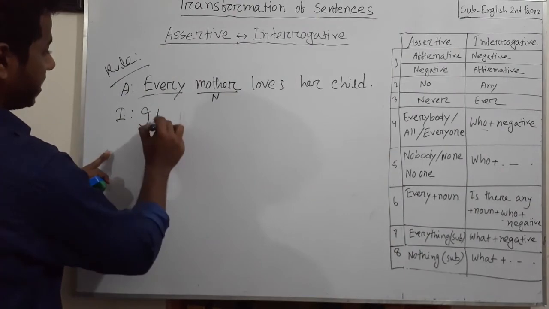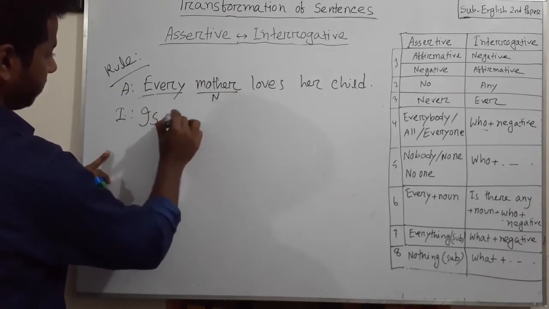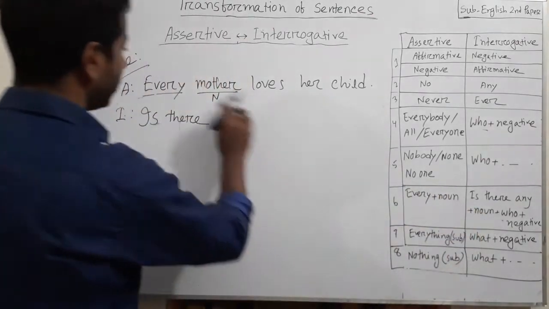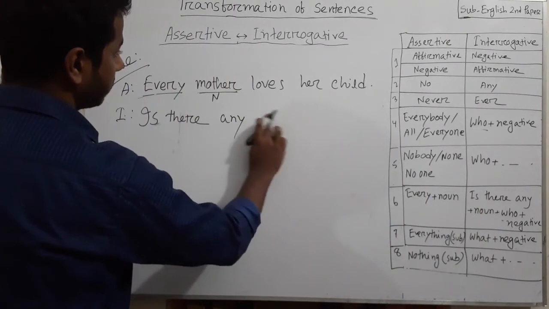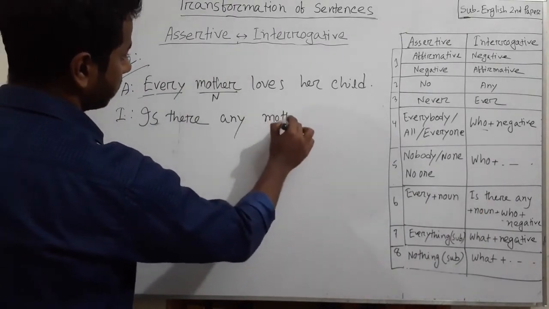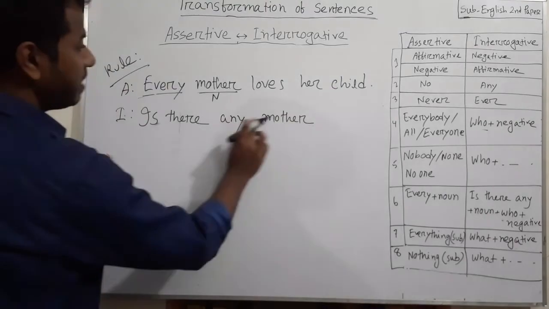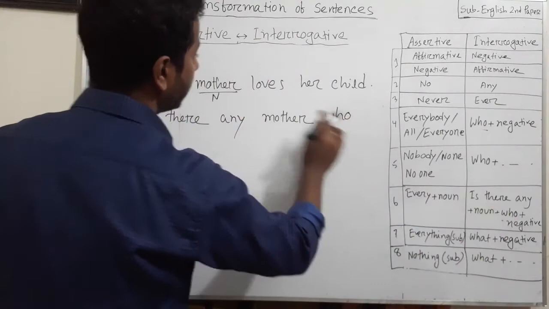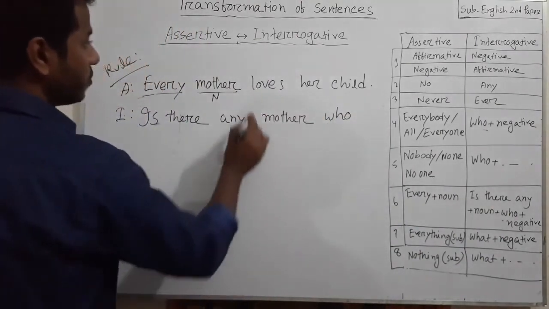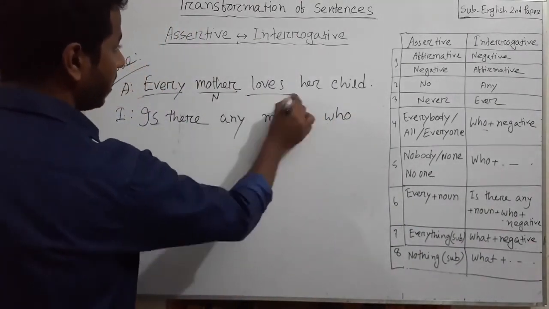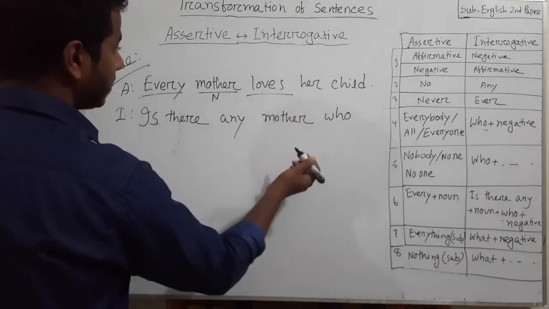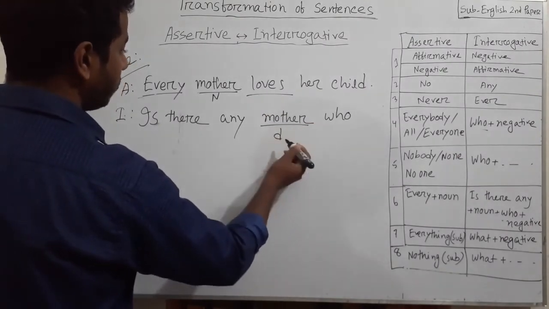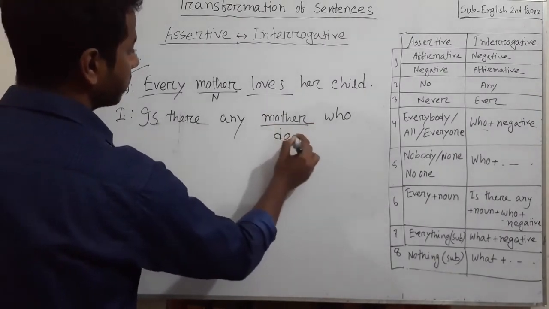Okay, write it: is there any, then the noun, mother, then who. Okay, who, then the sentence will be in negative form. So the negative form of this sentence: loves is present indefinite tense, then the auxiliary verb do or does; as mother here is the subject, it will be does.